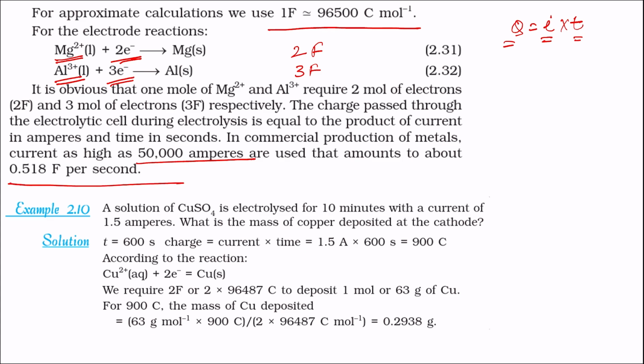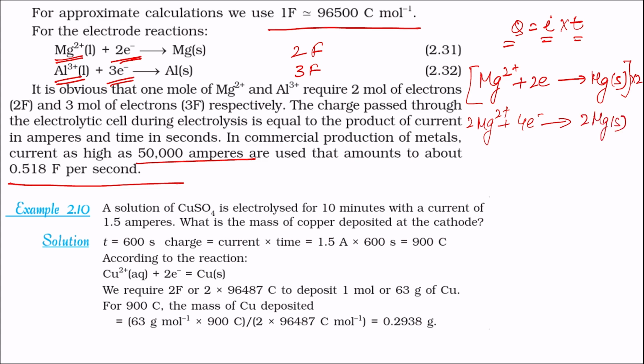In the equation for the reduction of magnesium, 2 moles of electrons will discharge 1 mole of magnesium. Now suppose this whole equation is multiplied by 2. Then it becomes 2 moles of magnesium ions requiring 4 moles of electrons to form 2 moles of solid magnesium.